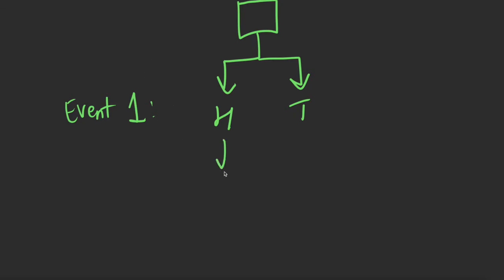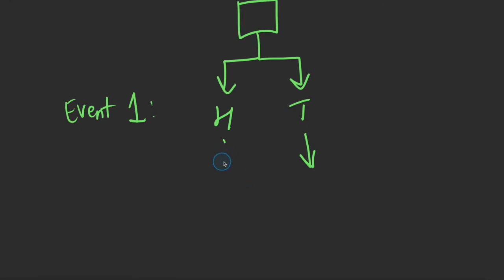And if you get tails, you will roll two dice and note the sum of the outcomes. And if the final number you get is 6, then you win the game, else you don't. So we need to find the probability that we will win the game.